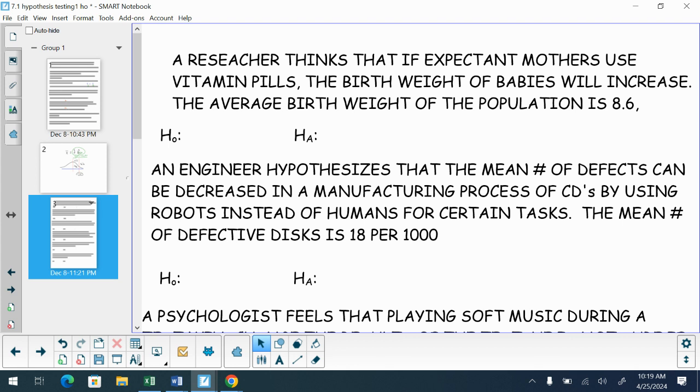Now, most of these, for us, in this first part, we're going to be testing the population mean.